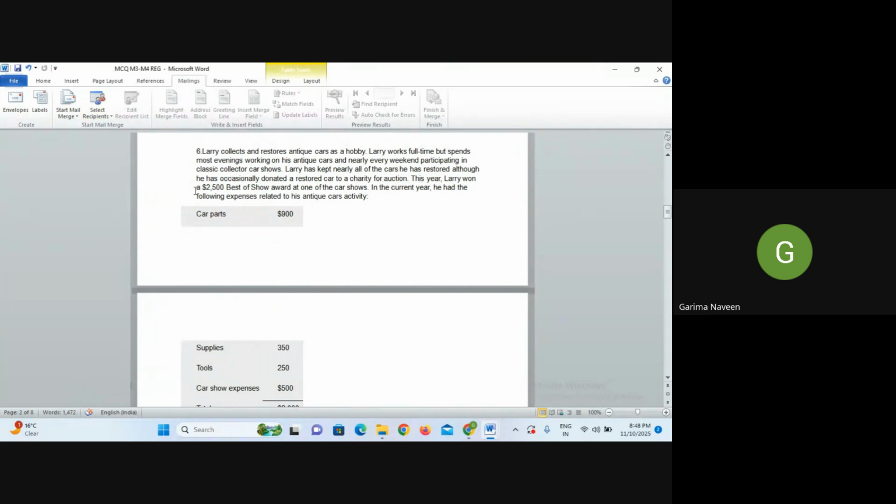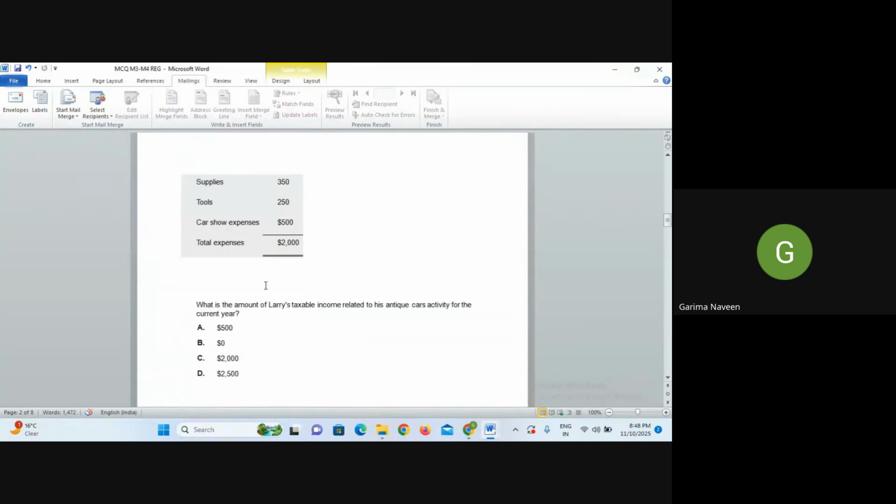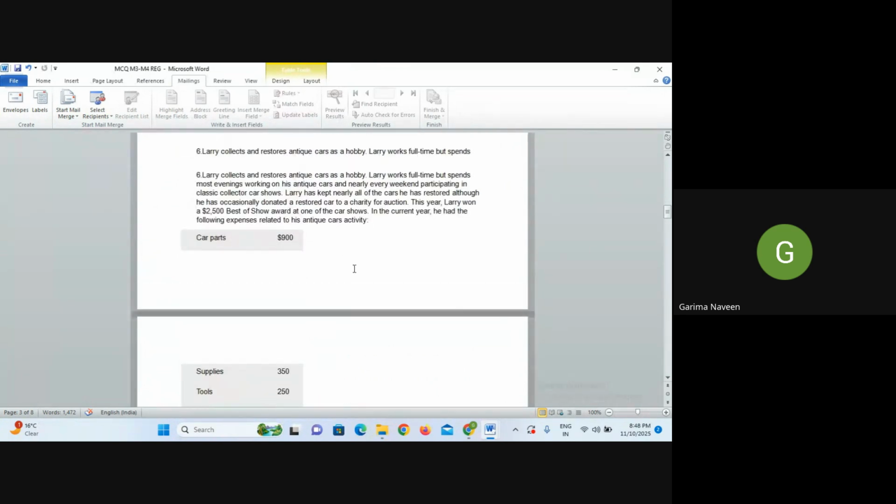This year, Larry won a $2,500 Best of Show award at one of the car shows. In the current year, he had the following expenses. What is the amount of taxable income related to his antique car activity for the current year? So it is again a hobby.